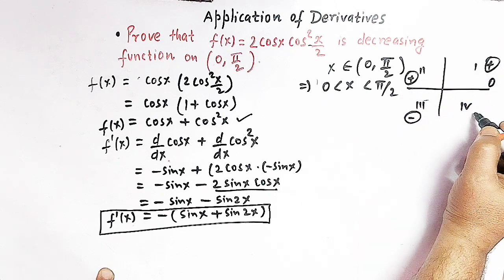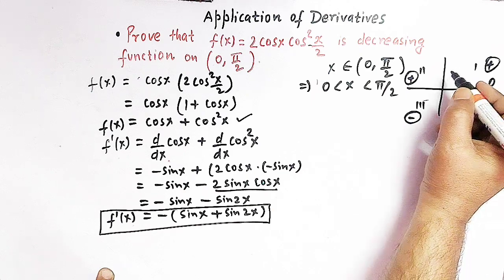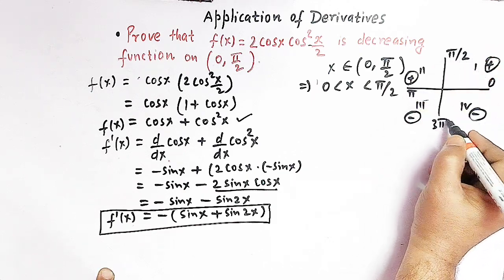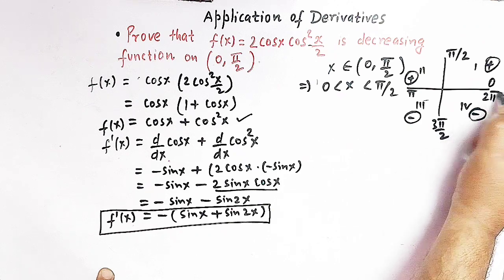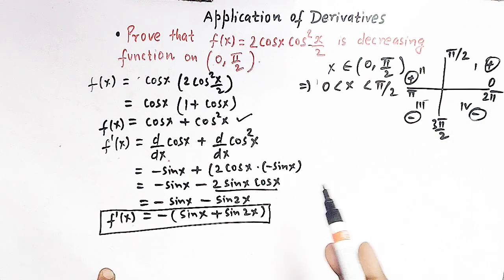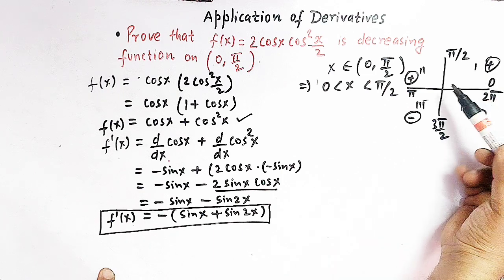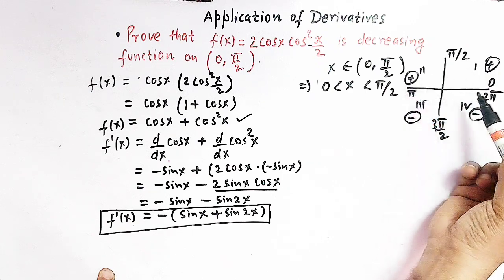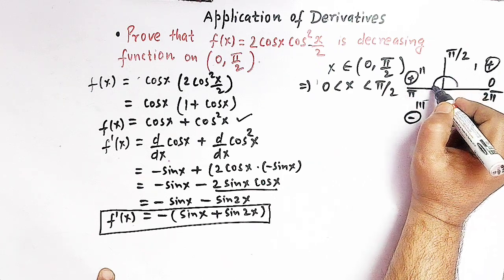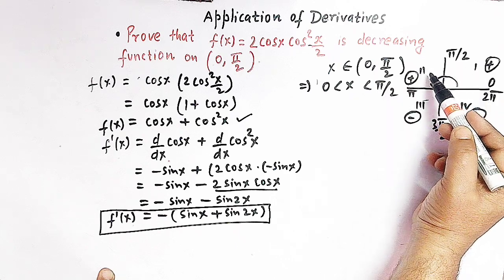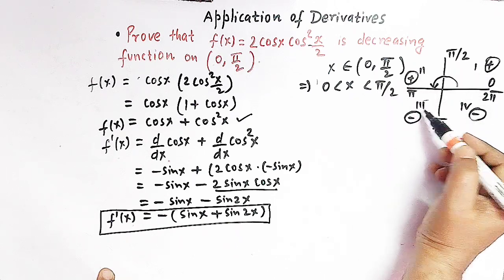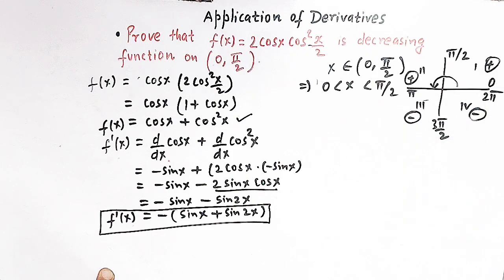And from trigonometry we know that the sine function is positive in the first and second quadrant, and it is negative in the third and fourth quadrant. So here we have pi by 2, here we have pi, this is 3 pi by 2, and here we have 2 pi. So according to the sign convention of trigonometric functions in the four quadrants, the sine function is positive in the first and in the second quadrant, that is from 0 to pi the sine function is positive, and from pi to 2 pi, that is in the third and fourth quadrant, the sine function is negative.